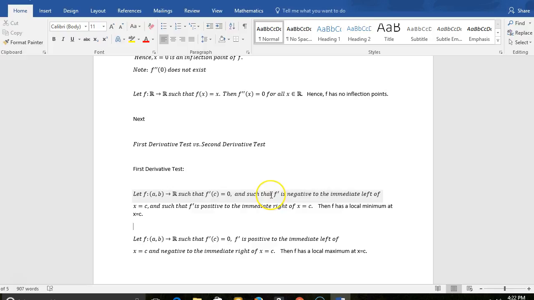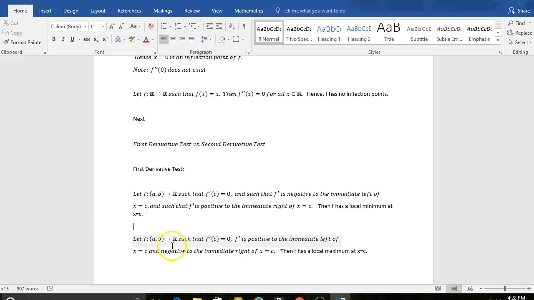That means f itself has a negative slope, remember. So such that f prime is negative to the immediate left of x equals c, and such that f prime is positive to the immediate right of x equals c. So to the immediate right, the original function f has a positive slope. Then the original function f has a local minimum at x equals c.